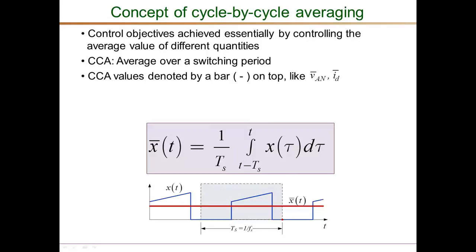That gives us the CCA value at this instant. In this plot, the red line indicates x bar of t, the CCA average of this instantaneous x(t), and the average x bar of t happens to be a constant because the average of this blue waveform over one complete period is exactly constant at every point in time.